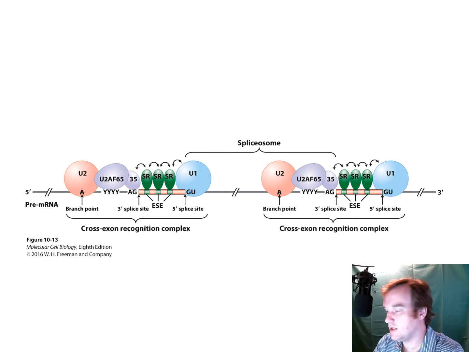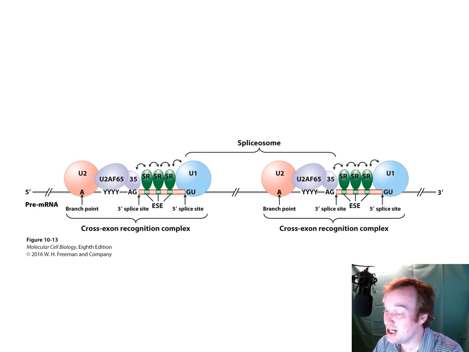So we talked about these introns, and in eukaryotes, the intron is on average about 3,500 base pairs long in humans. And the longest intron is over 500 kilobases, which is 500,000 bases long.